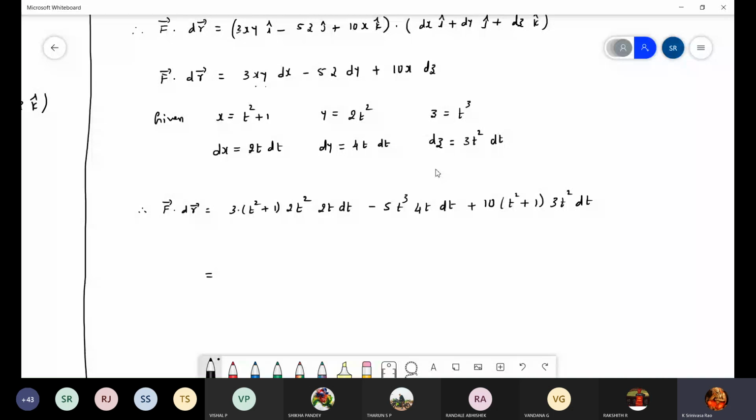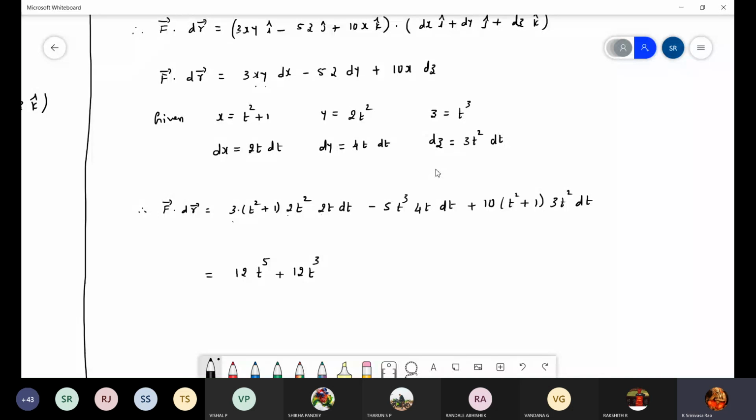What is the product of the first one? 3 twos are 6, 6 twos are 12, 12t squared into t is 12t cubed, and that t cubed into t squared is 12t to the power 5. The same 12t cubed into 1 is plus 12t cubed.